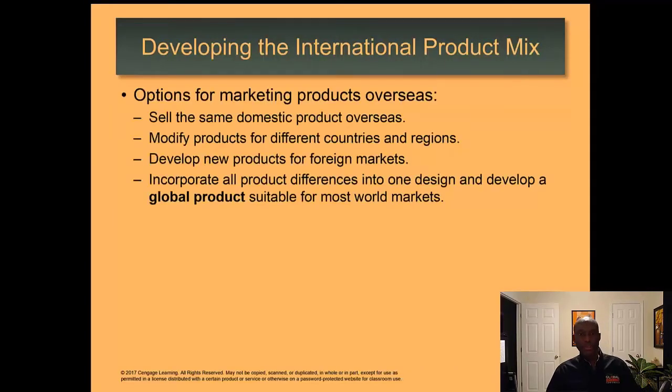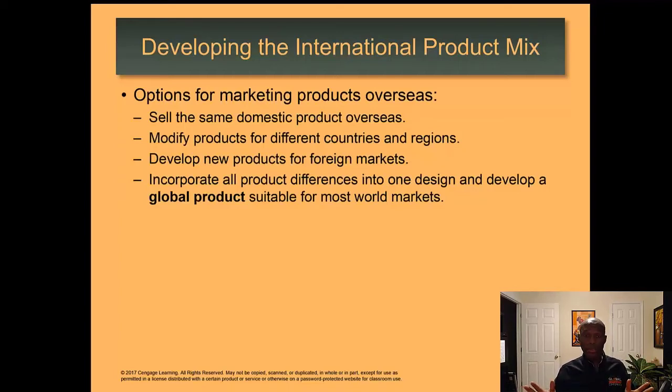So here are your options. Sell the same domestic product overseas, that would be standardization. Modify products for different countries and different regions. That's more of a multinational approach. You're choosing countries and you're changing based upon where you are.